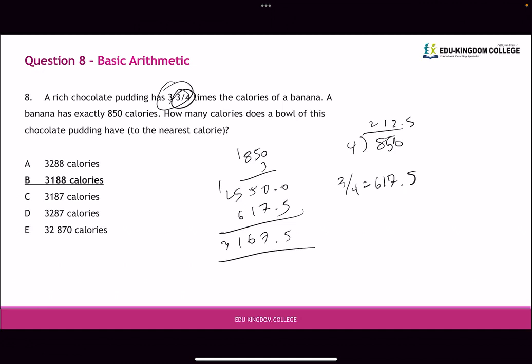Sorry, I think something's not quite right there. Oh, sorry, that should be 3, so this should be 8. So we've done 212.5 times 3 to get to this. So 637.5 plus 2550 is 3187.5, closest to 3188.